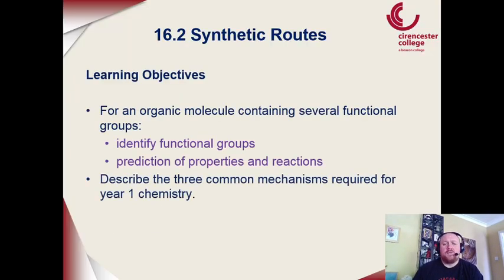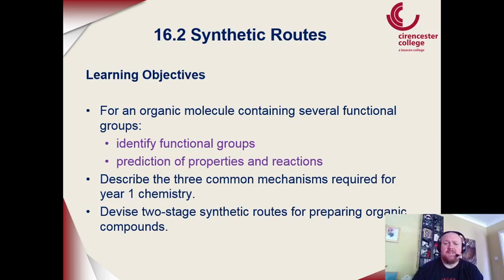So what we're going to be talking about is synthetic routes. And what synthetic routes are is how we actually make chemicals. We start off with a chemical, we make another chemical. Things like drugs that you may take for illnesses, so the antivirals and things like that people are experimenting with to see if they can get an effect on the coronavirus, for example, or something like an antibiotic, for example, penicillin.